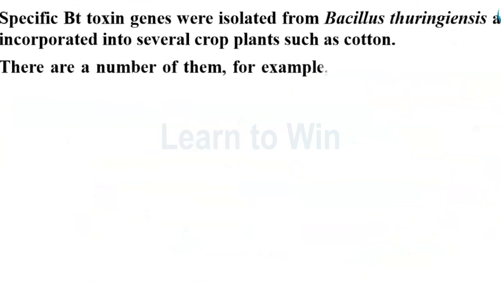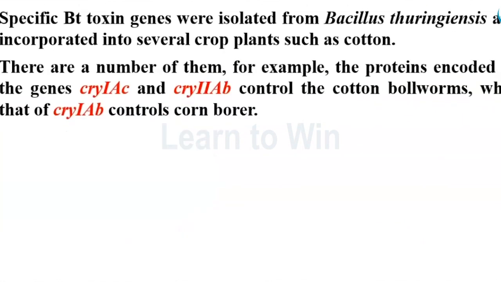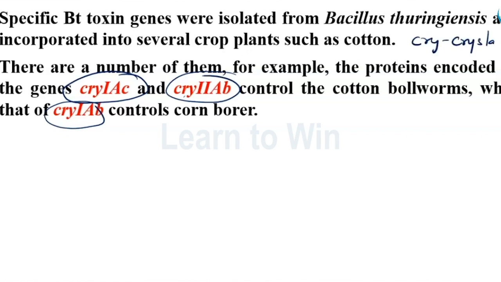Now, scientists have found that there were 3 sets of Bt toxin genes present in Bacillus thuringiensis. They were Cry1AC, Cry2AB and Cry1AB. Cry stands for crystalline.